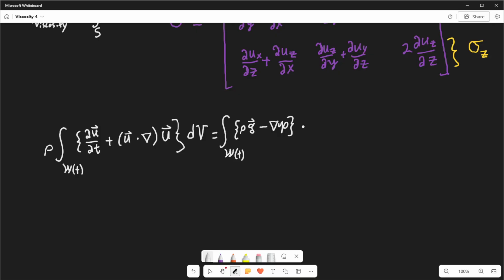Again, the integral is over the volume, so that's the unit volume. This side of the equation is basically the mass times acceleration side, so this is just force equals mass times acceleration, written in the other direction, mass times acceleration equals force. And this is the force side.